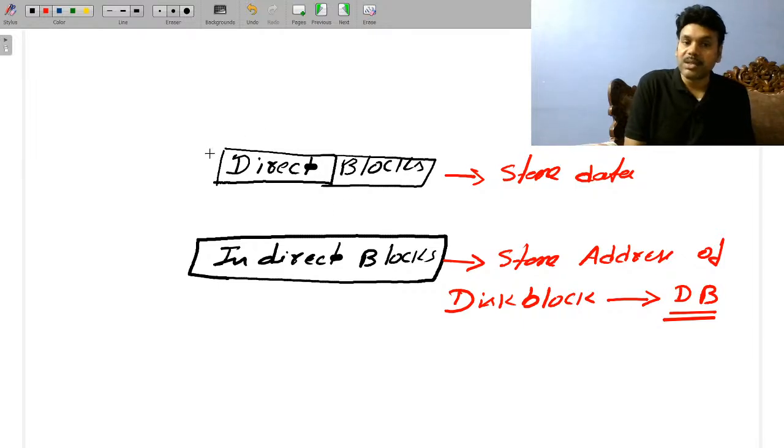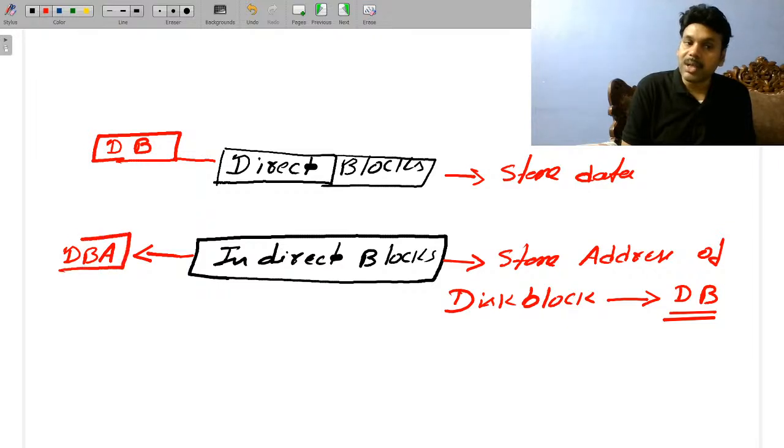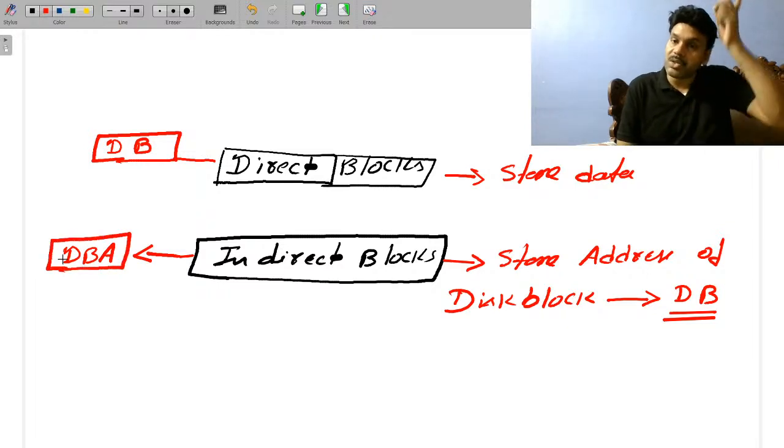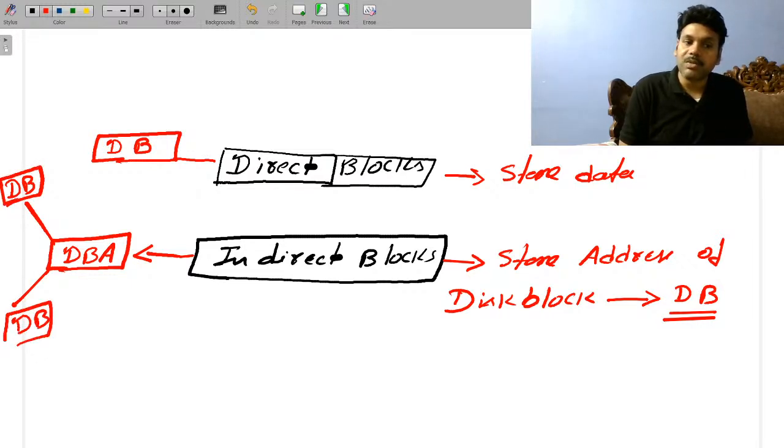So this directly stores your data, DB. But the indirect one initially stores the DBA. In that DBA we get the address locations of your disk blocks. In those blocks we store the exact data. Please understand this is the meaning.